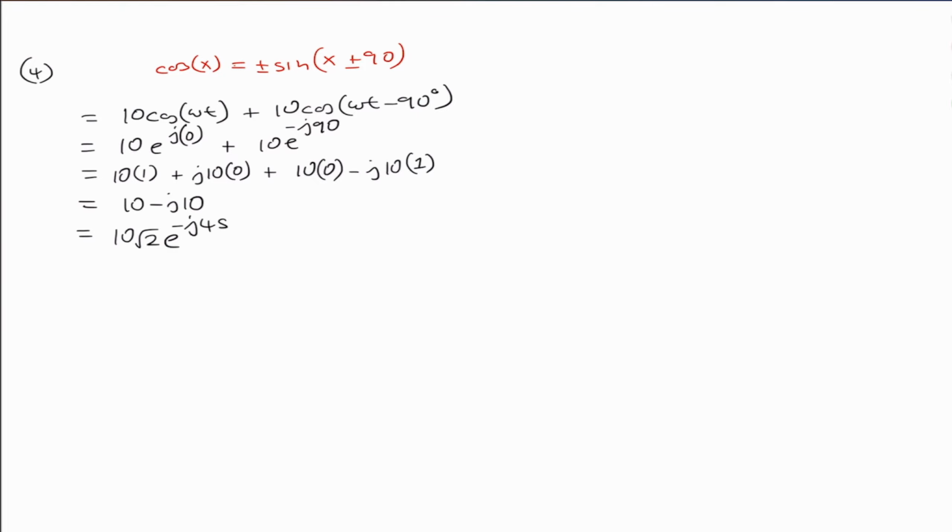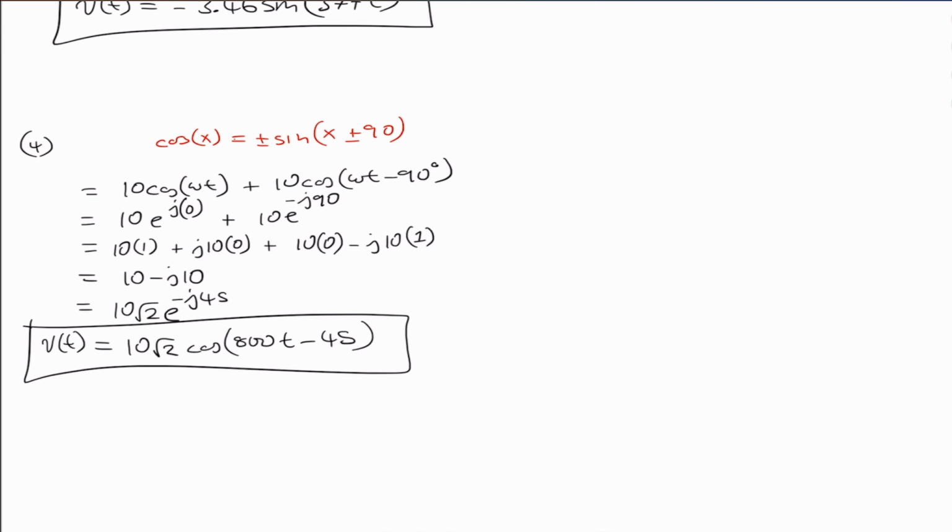Now we just use the phasor domain to time domain relationship, and we end up with v of t equal to 10 times the square root of 2 cosine, where omega t was 800 times t, with an angle of negative 45.